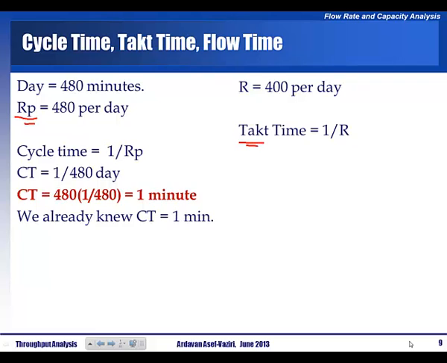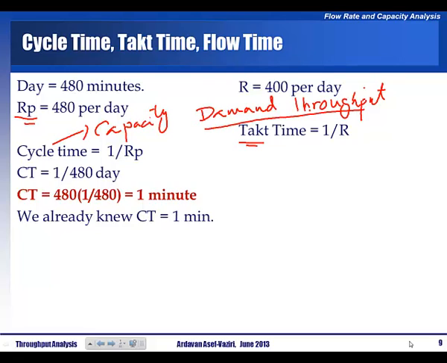Takt time is related to demand or throughput, if demand is equal to throughput. Cycle time is related to capacity. Demand or throughput should always be less than capacity, and therefore cycle time should always be less than takt time.